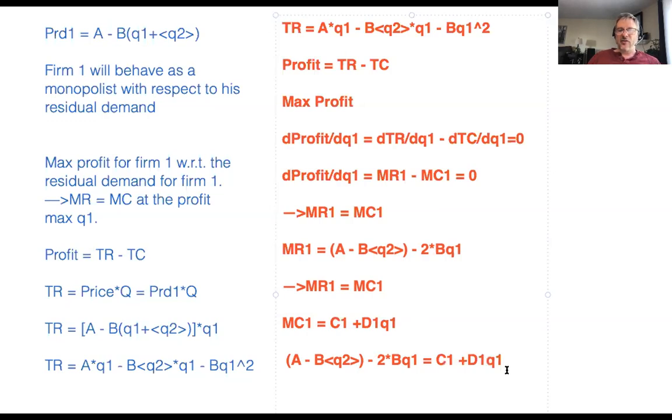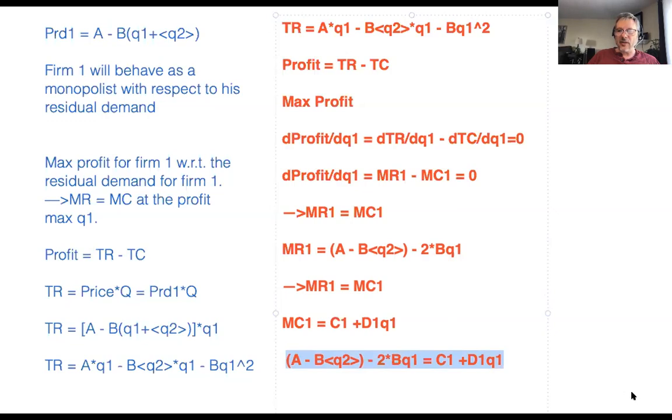Okay. So what should occur to you at this point? Because again, all this information would be available in the problems you're given. But notice you've got Q1 on the right-hand side of this equation and Q1 on the left-hand side of the equation, right? So you're going to solve for Q1, but what you end up with is what we call the reaction function for firm 1.